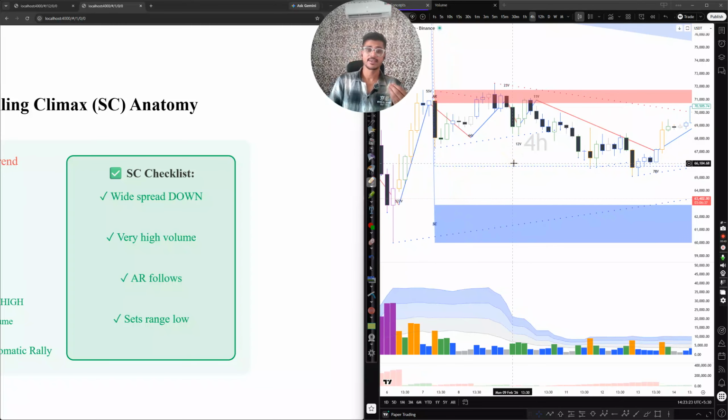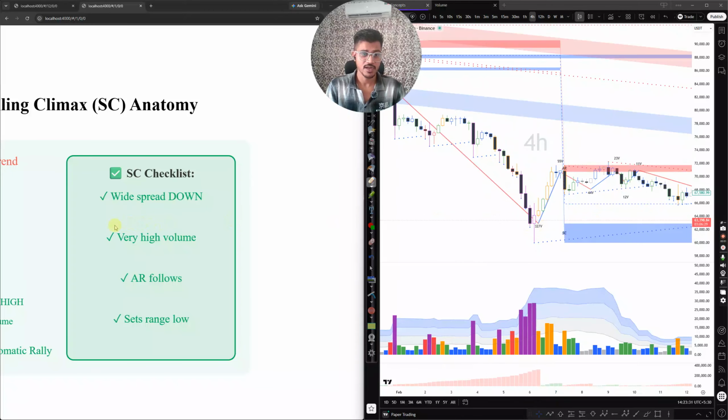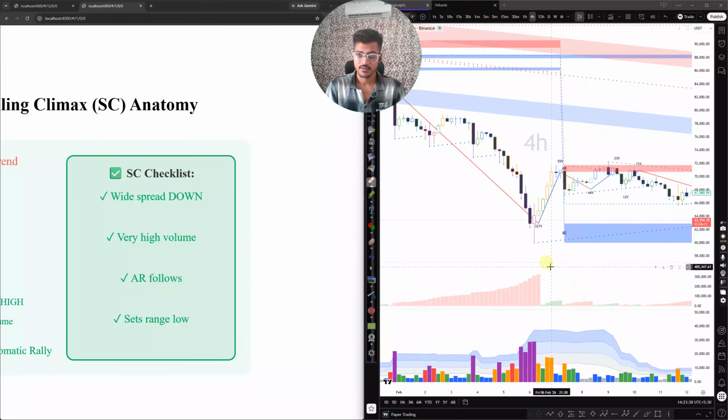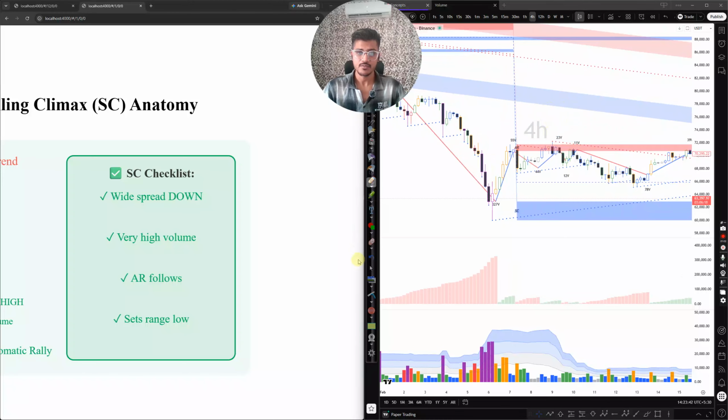We are looking at the candle specifically. When you see a widespread down candle, a lot of widespread down candles, with very high volume, then the first checklist item on the selling climax is done.